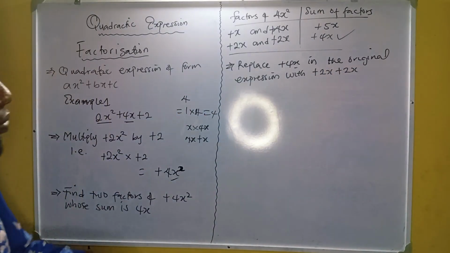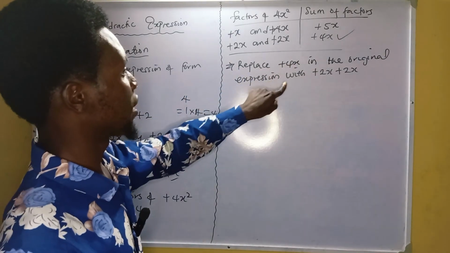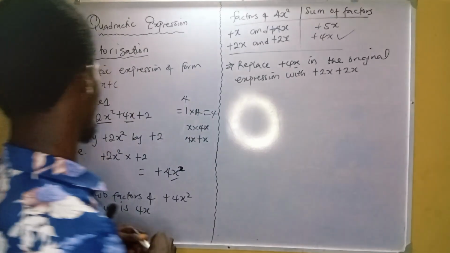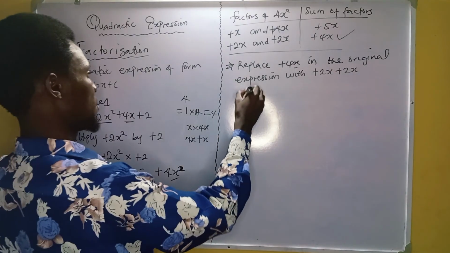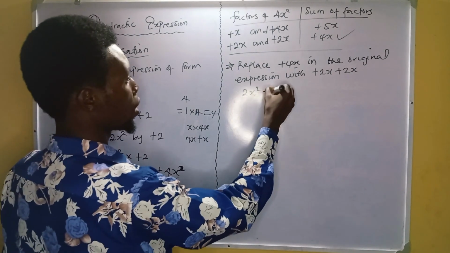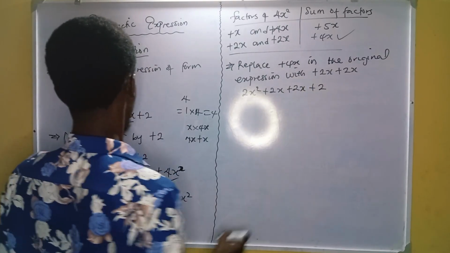All right? Replace plus 4x in the original expression with plus 2x plus 2x. So you go back to the original expression. You see this? You replace 4x in the original expression with 2x plus 2x and then plus 2.